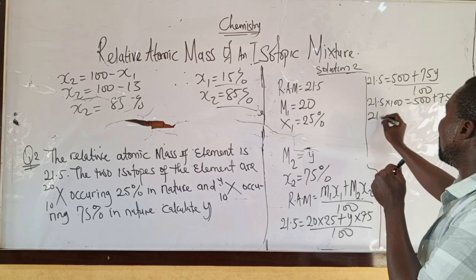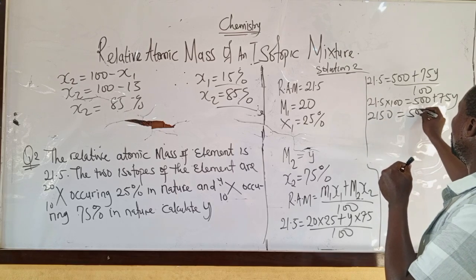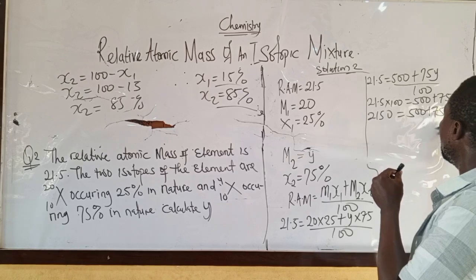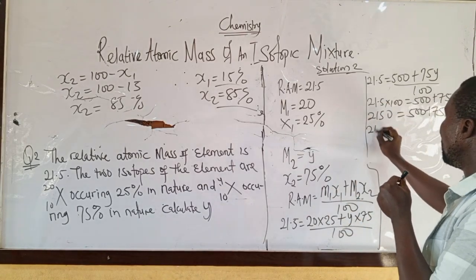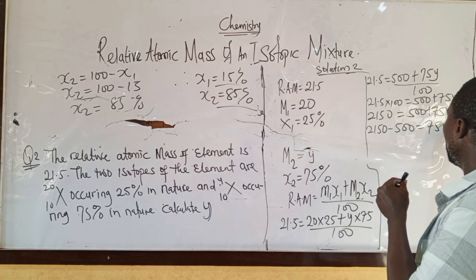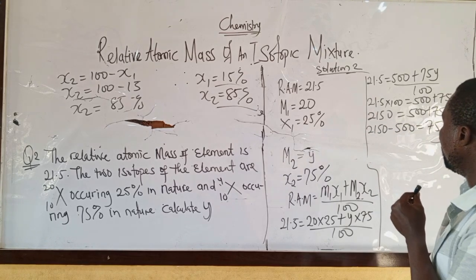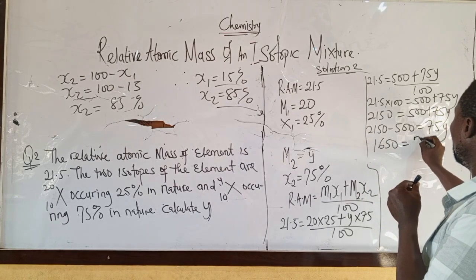This gives 2150 equals 500 plus 75y. Move 500 across: 2150 minus 500 equals 75y. This gives 1650 equals 75y.